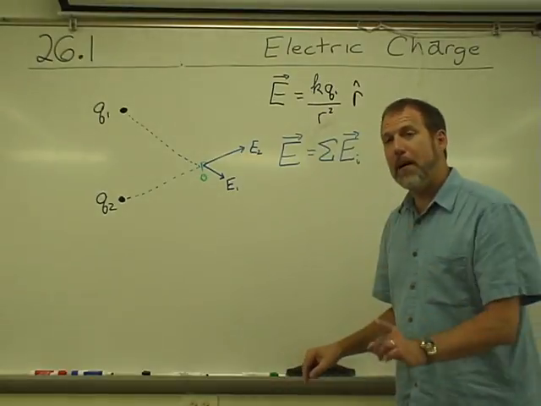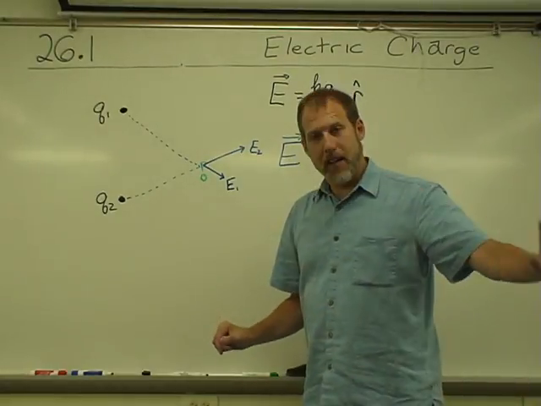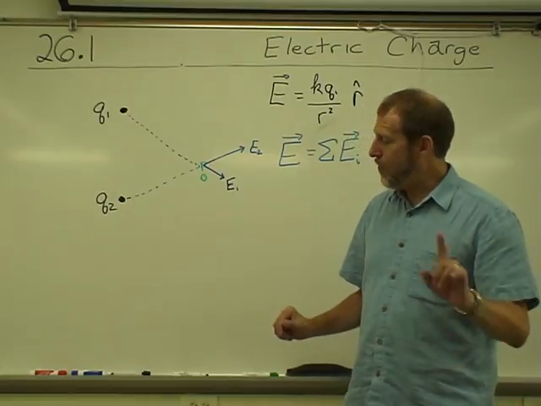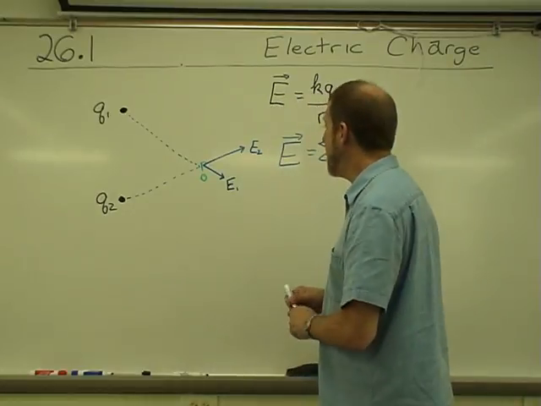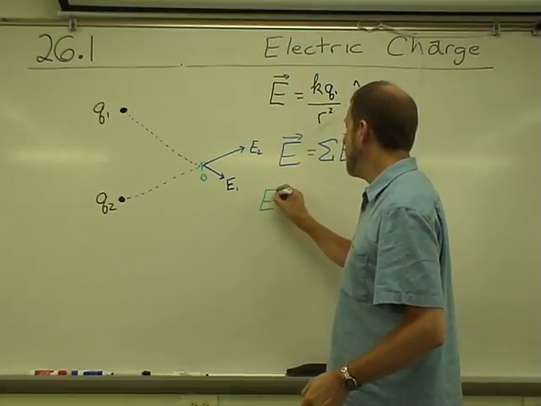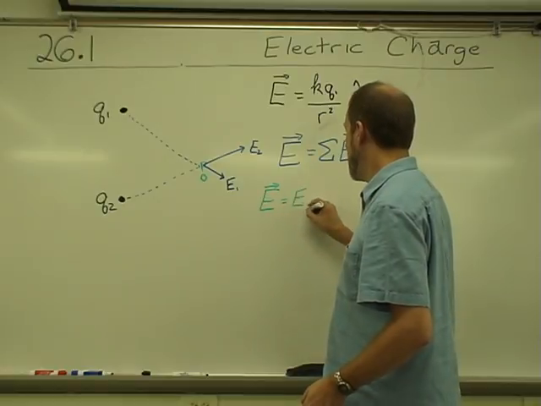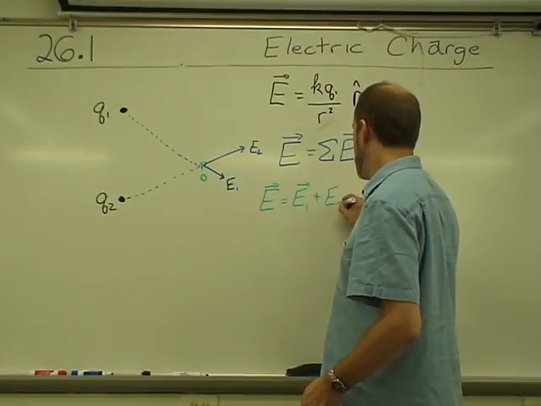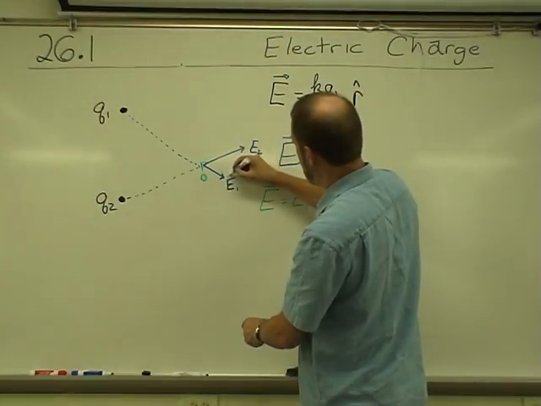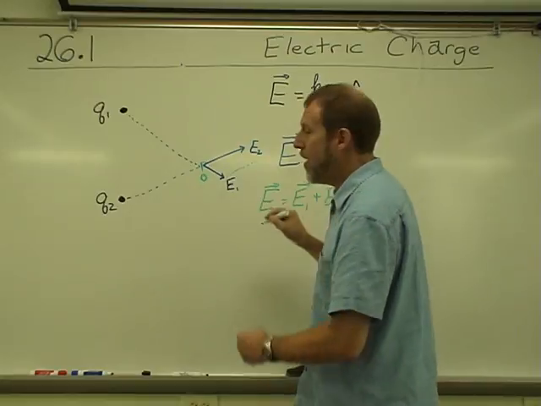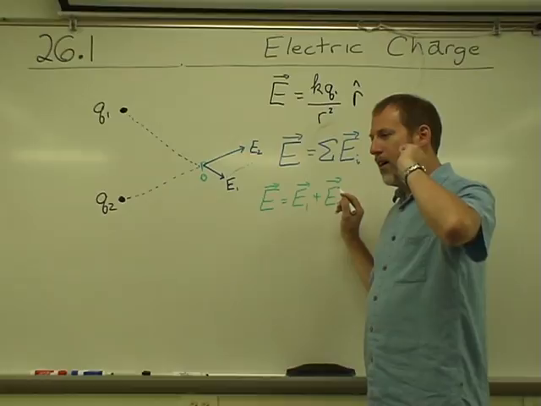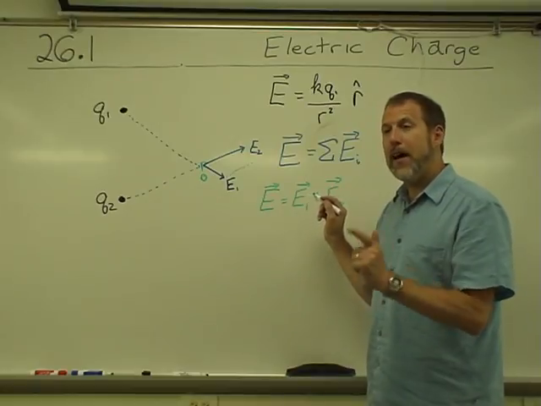Now, referring back to one of the reasons why the first semester is a prerequisite for this, part of the stuff that I have to assume you know coming in is that if I want to add two vectors together, like here, the electric field in this case is equal to E1 plus E2, I have to know that what defines E2, for example, is the direction of E2 and the magnitude of E2.